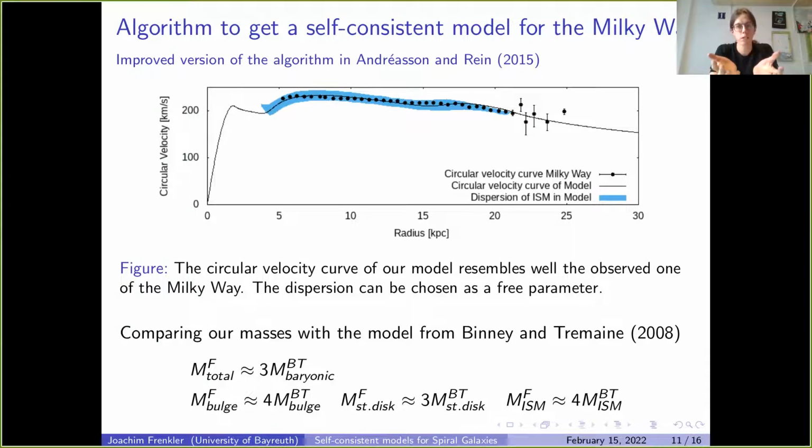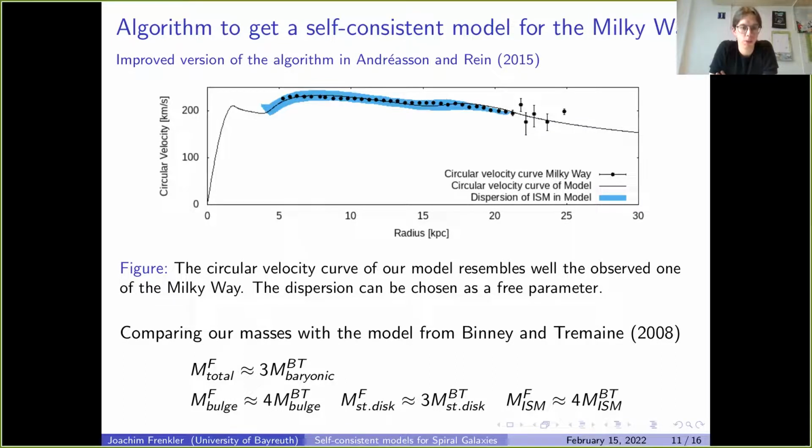So we'll need about the same mass as they do to create a circular velocity curve. And so we will need about 3 times the mass of this baryonic component. The nice thing is then that this mass distributes almost uniformly over all 3 components of our model.